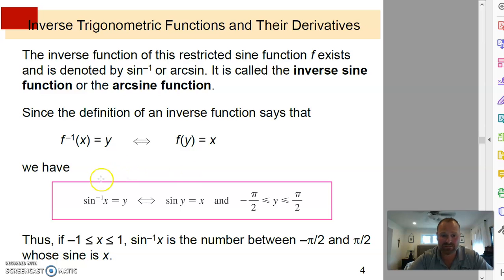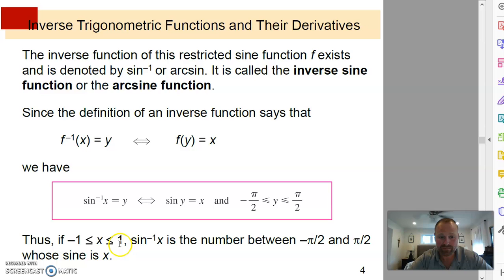So the inverse sine of x is going to equal y, and the sine of y is going to equal x, along this interval, where y is between negative pi over 2 and pi over 2.